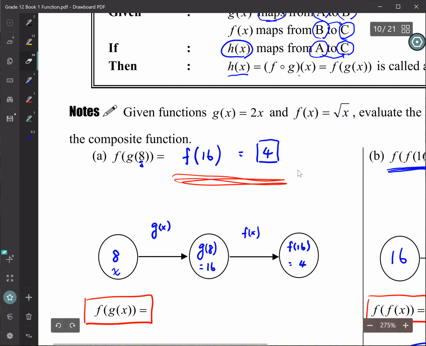So the f of X, you can think of it as having a box like that. So whatever goes in here will go here, right? 2x. So if it's g of phi, it will be 2 times phi. Similar for f, it's the same thing, right? This one you already know. You just put it in, treat it like a box.